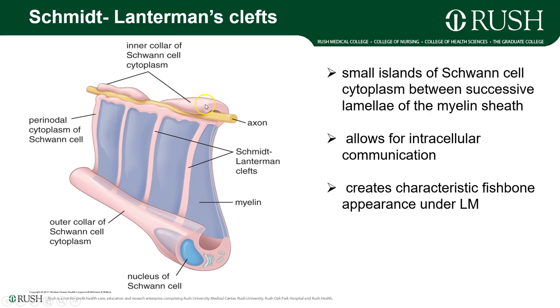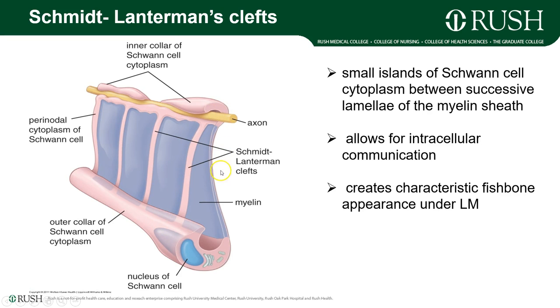Here you have part of the Schwann cell starting to make contact with the axon. The majority of the area within that Schwann cell is the myelin, depicted here in blue. One part of the Schwann cell connects to the other part with cytoplasmic processes referred to as the Schmidt-Lanterman clefts. So this part of the cell can communicate with this part of the cell.